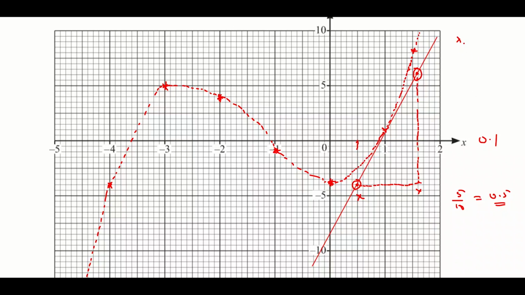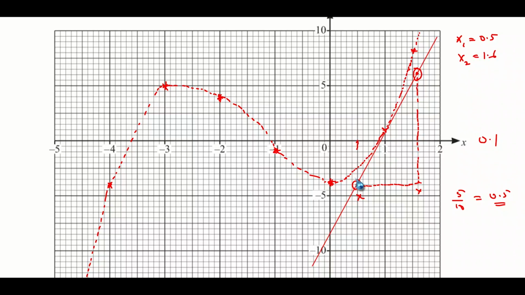So x1 equals 0.5. Then x2 will be equal to here, that is 1.6. So x2 equals 1.6.